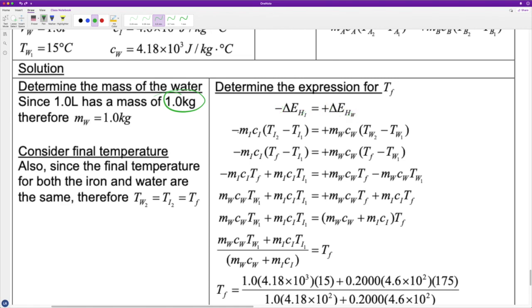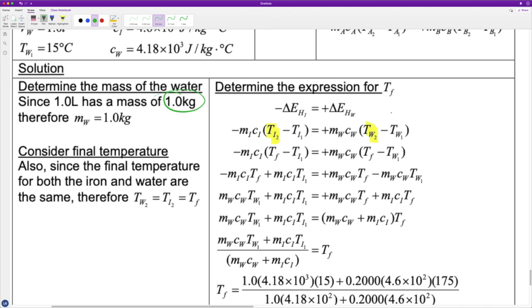So we have negative mass of iron, times specific heat of iron, times the change in temperature of the iron. But here's the thing: the final temperature of the iron is the same as the final temperature of the water. So we have negative MiCi times the change in temperature of the iron is equal to the positive value of the mass of the water times the specific heat of the water times the change in temperature of the water.